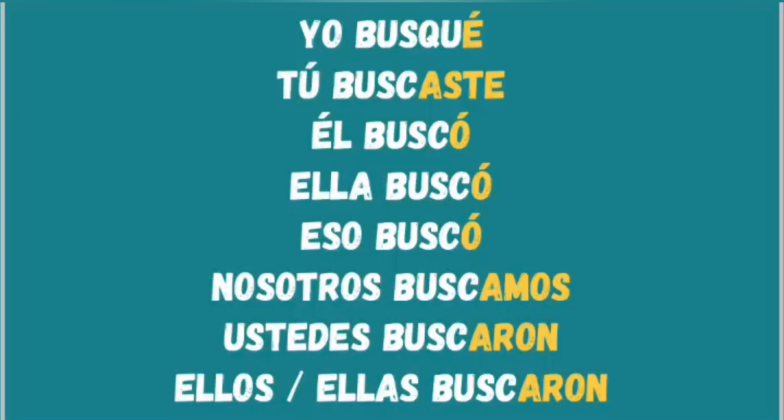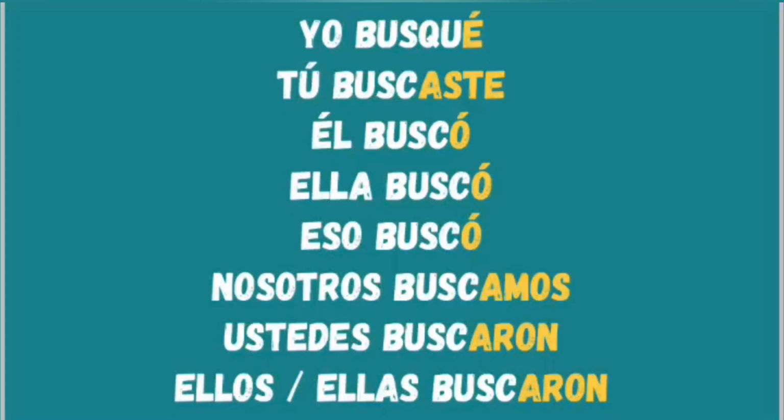That's why it's an irregular verb. So if you want to say I searched, in Spanish you have to say, yo busqué. Now if you want to say you searched, in Spanish you have to say, tú buscaste.